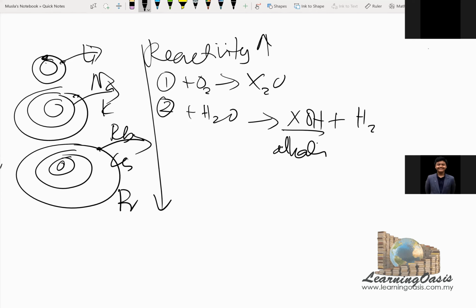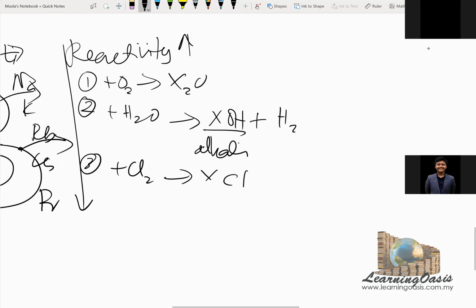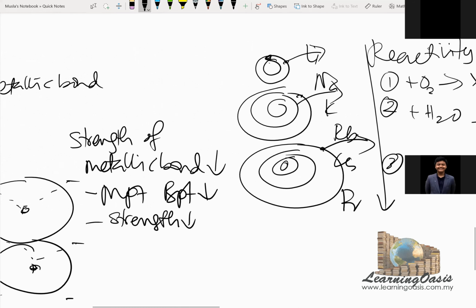Now, it reacts violently with chlorine to form chloride. So are you okay with group 1? Yes. Right.